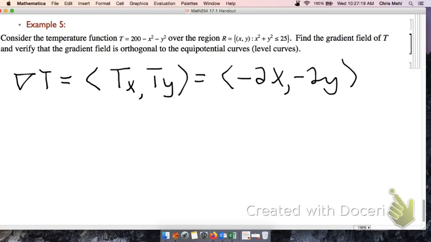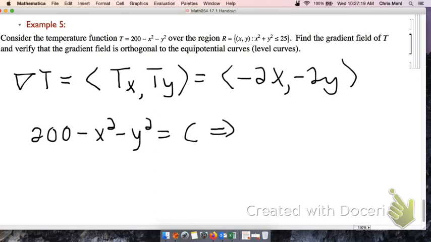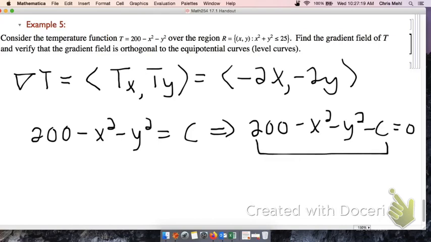Okay, and then I want to show that's orthogonal to the level curves. So what's an arbitrary level curve look like? You set capital T equal to a constant, and I can subtract the constant from both sides: 200 minus x squared minus y squared minus c equals 0. And then you can use implicit differentiation.